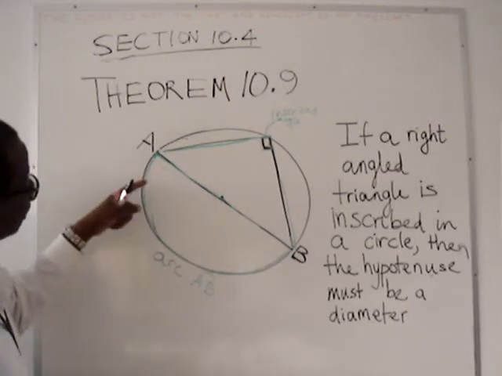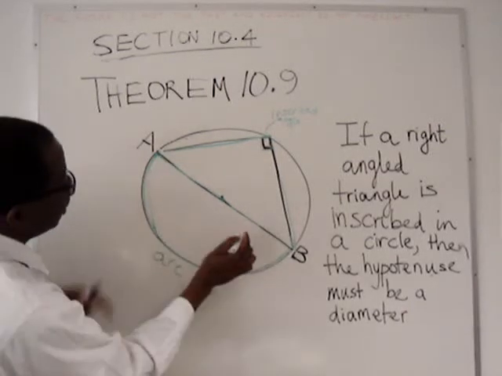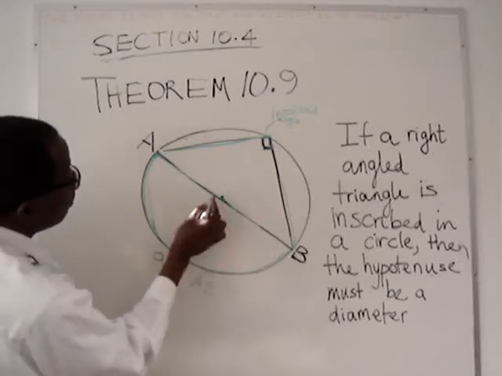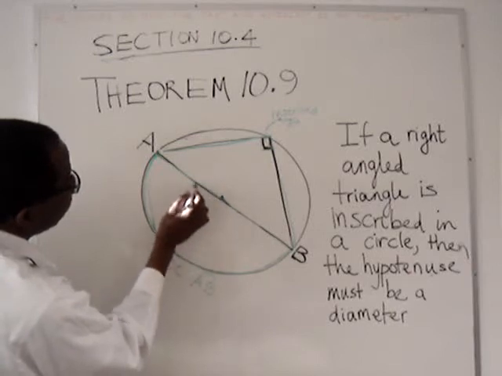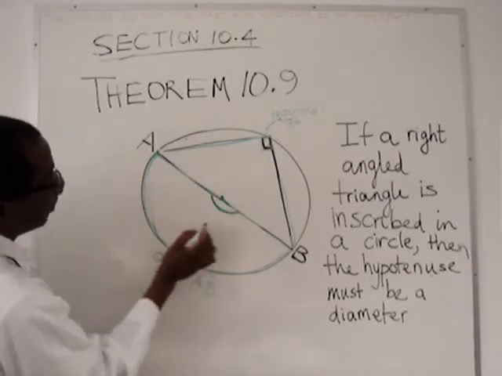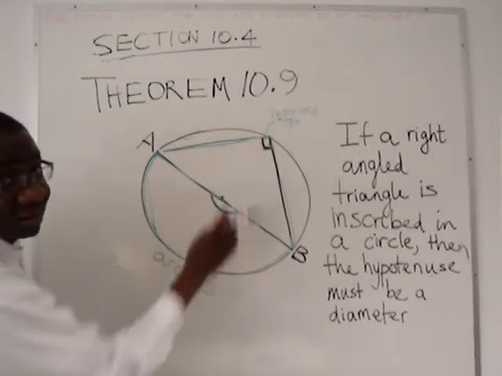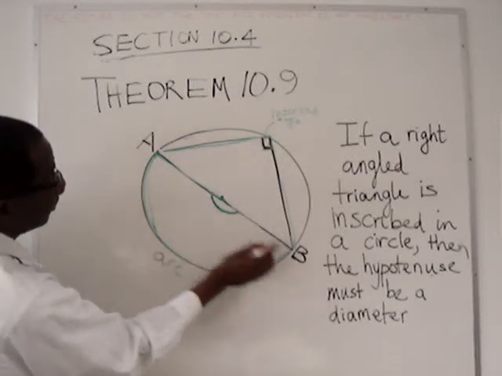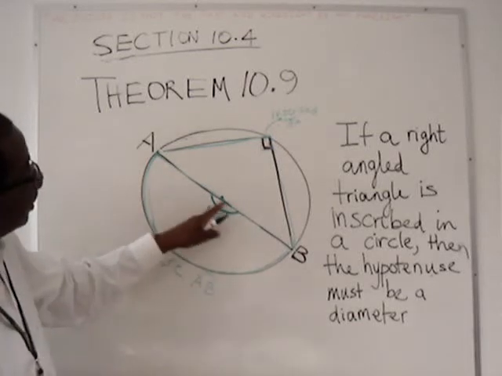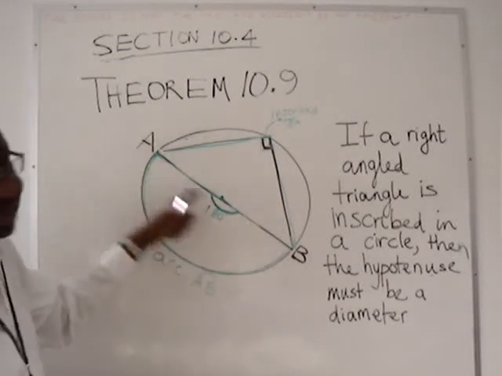Because the measure of arc AB must go back to the center, we know that this angle here must be twice this angle, and therefore this angle must be 180 degrees. And if this angle is 180 degrees, then this must be a diameter.